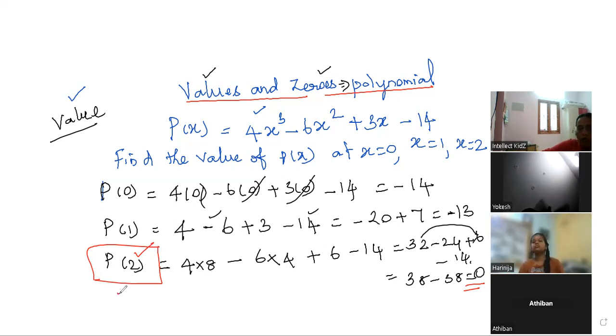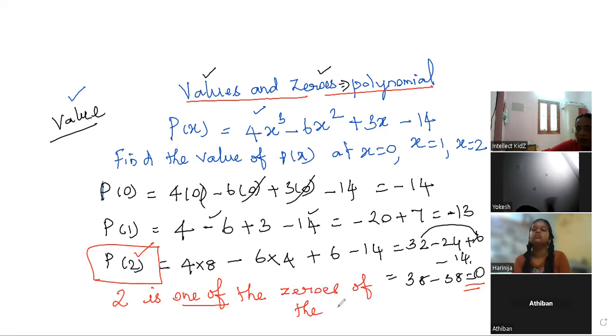So 2 is one of the zeros. A polynomial can have more than one zero. Okay, இன்னும் வேற ஏதாவது வேல்யூ சப்ஸ்டிட்யூட் பண்ணும்போது ஆன்சர் என்ன வரலாம்? 0 வரலாம். அதனால தான் one of தான் எழுதுறேன். 2 is one of the zeros of the polynomial p of x.